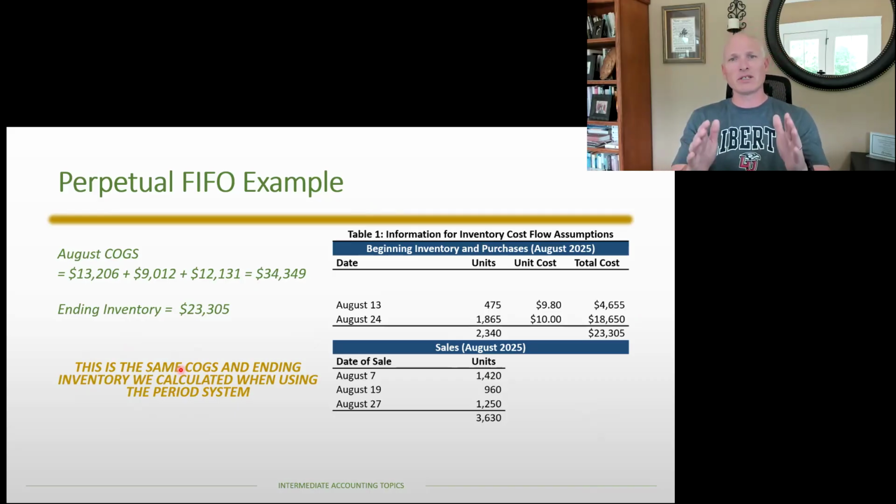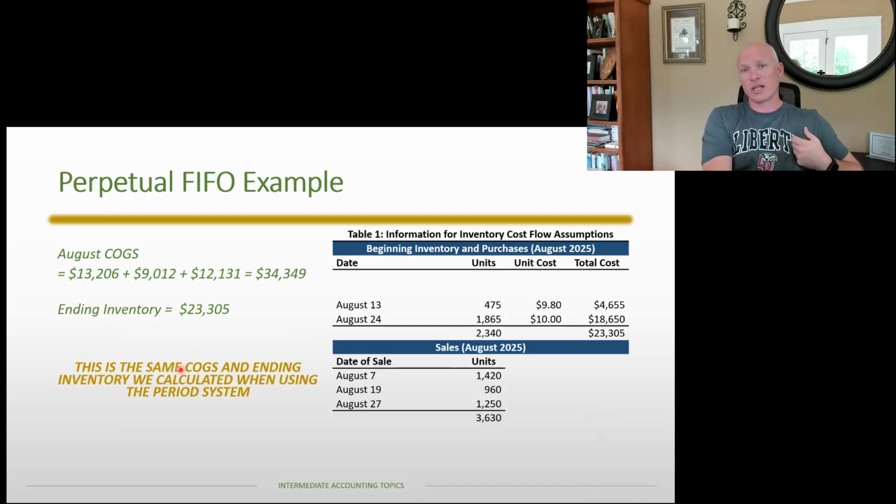Going back to Harris Teeter, if the buyer is always taking from the front, it really doesn't matter when those things are loaded. If you think about it, in the periodic system, what we're assuming is the buyer comes along at the very end of the month and takes everything, all of those sales, the 3,630, whatever is left.